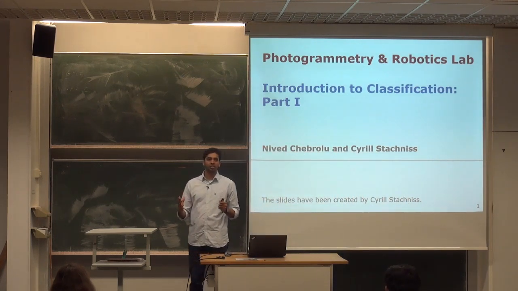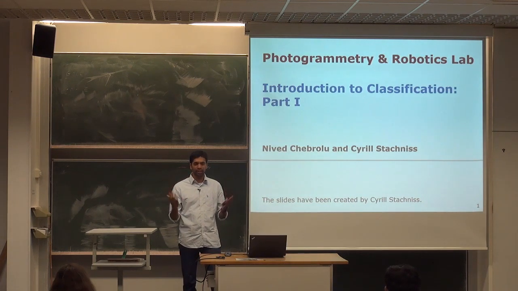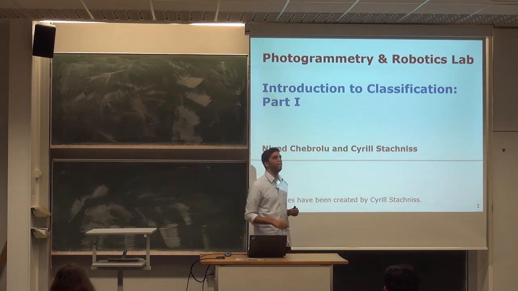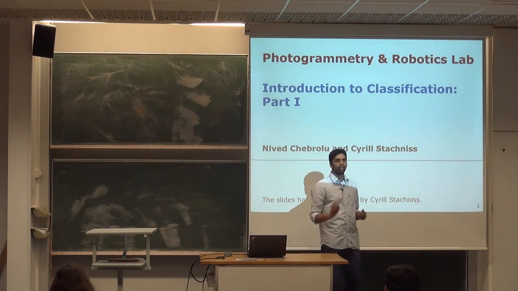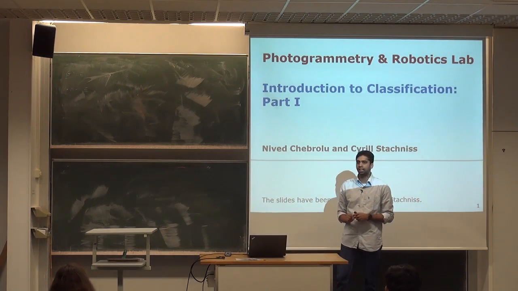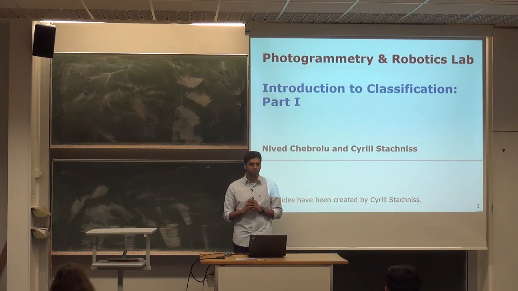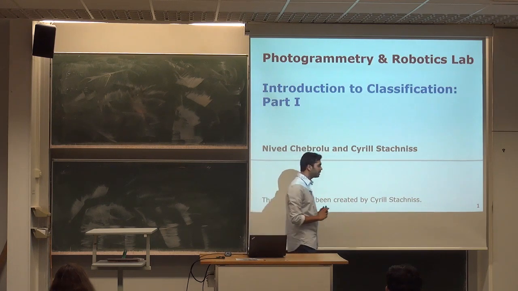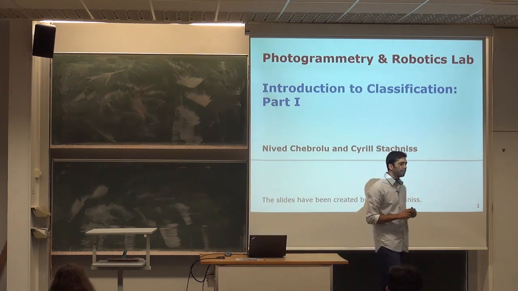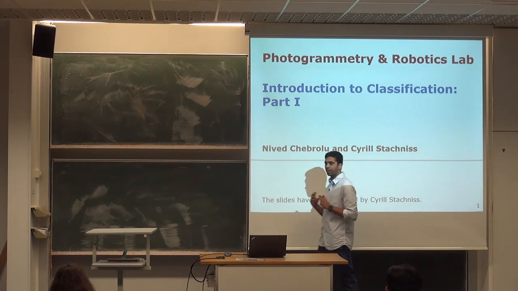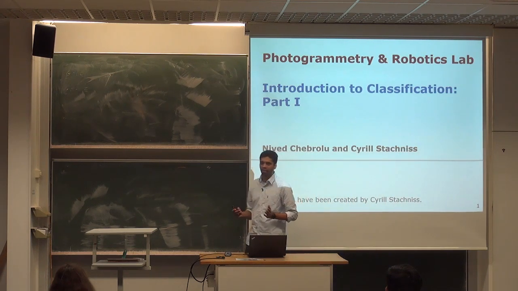The problem of classification essentially is, given the data, whether it's an image or a laser scanner, figure out what a particular part is. So this is a door, this is a table, and so on. And so we'll see some basic techniques of how to do this. Today we'll see a couple of basic techniques, and in the next lecture we'll expand on these techniques, which are a bit more sophisticated and very close to the ones that are used in the real world these days.